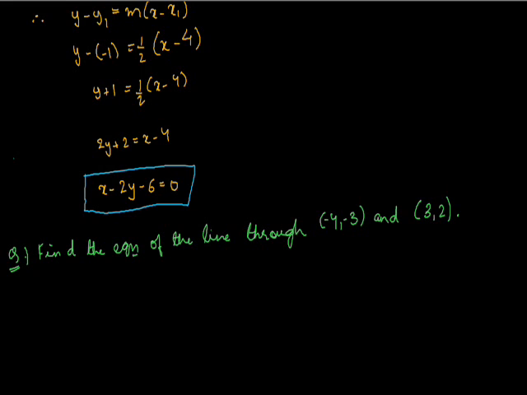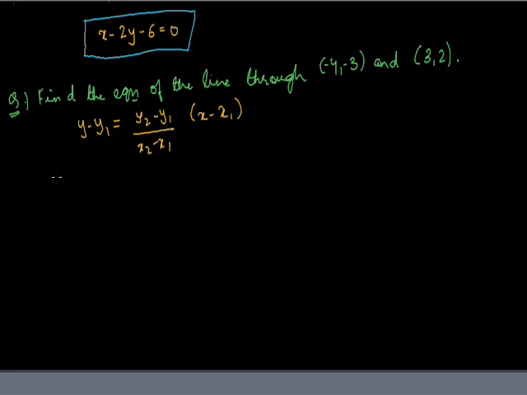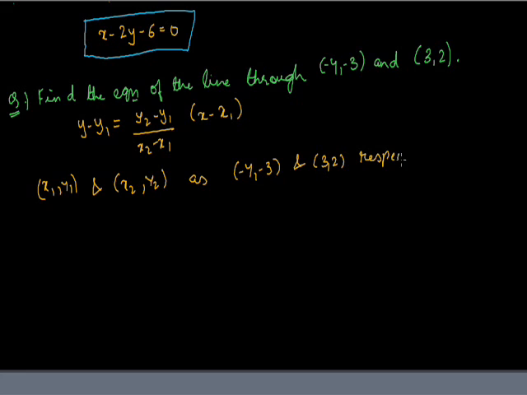So over here I'll make use of the two-point formula, that is y minus y1 is equal to y2 minus y1 upon x2 minus x1 into x minus x1. I'll take x1 y1 and x2 y2 as minus 4 minus 3 and 3 and 2 respectively.